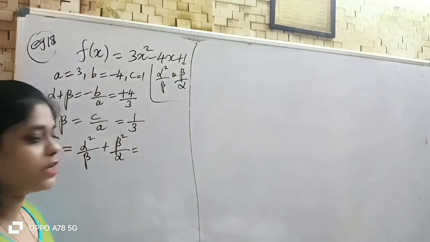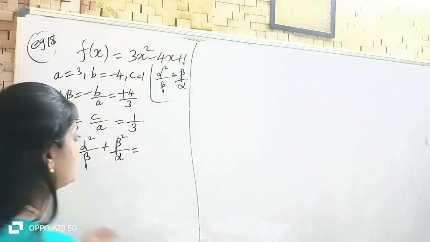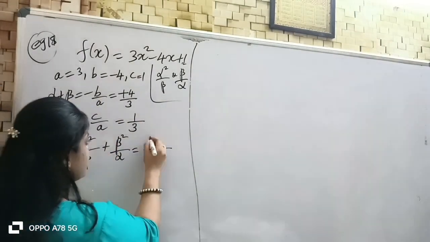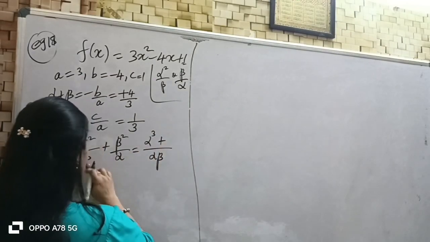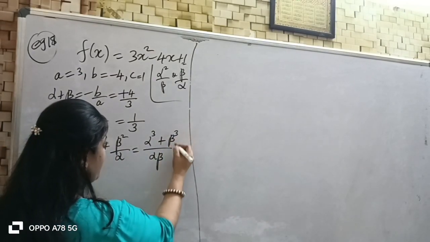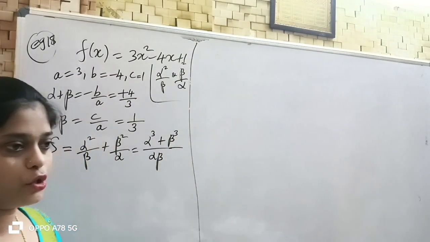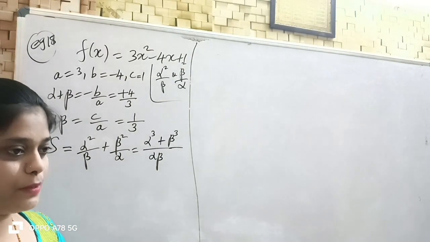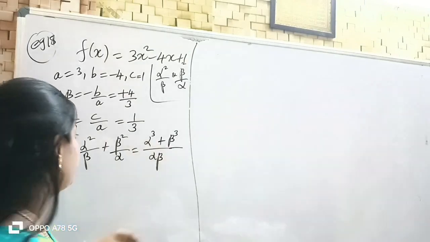So two fractions, now you know that the LCM. Take your LCM, that is alpha into beta. So multiply here alpha, that is alpha cube. Multiply here beta, that is beta cube. Do you know the cubes, individual cubes formula படிச்சிருக்கோமா? என்ன formula படிச்சிருக்கோம்? A cube plus B cube, that is alpha cube plus beta cube.